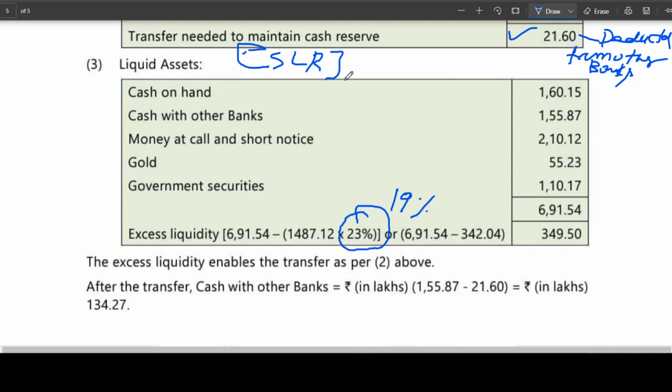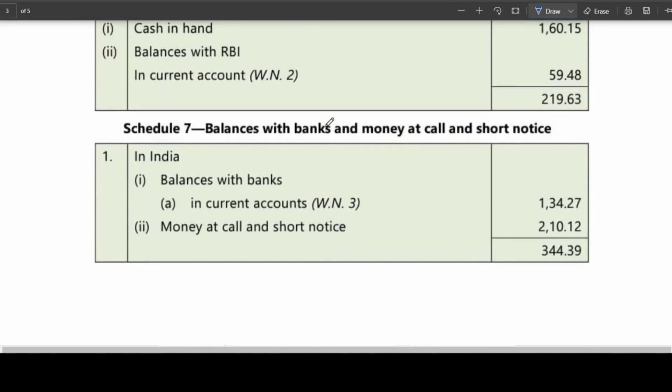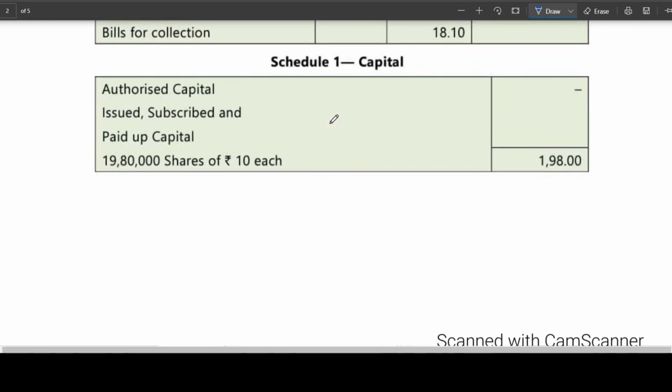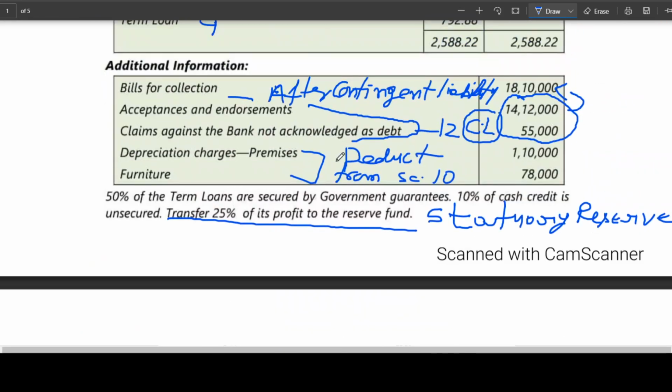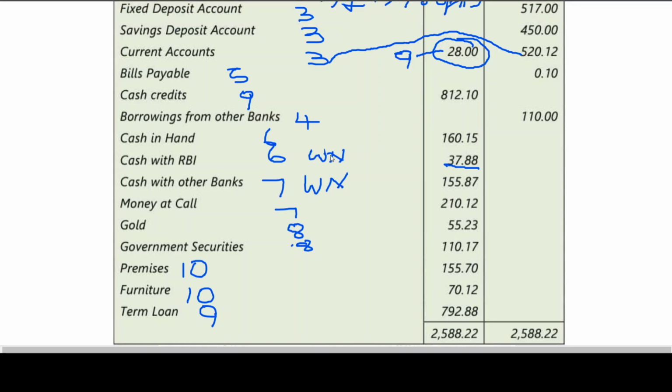155.87. You can quickly scroll this and see how much cash with other banks is. This is what I told you, 155.87. So from this we need to transfer to SLR, cash reserve ratio.